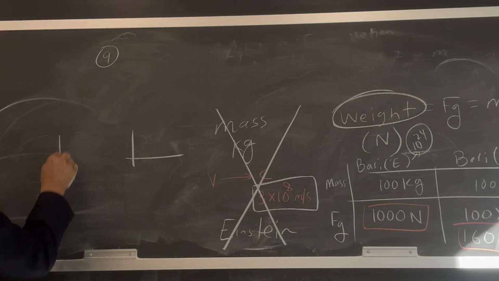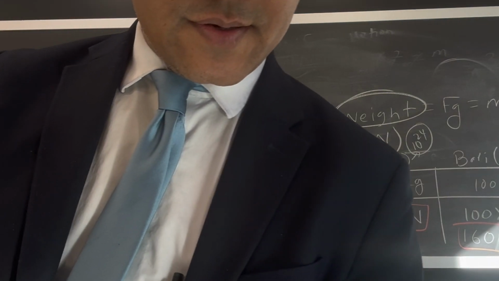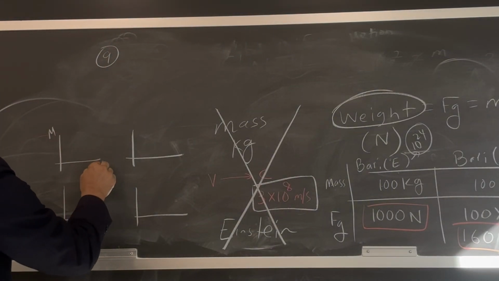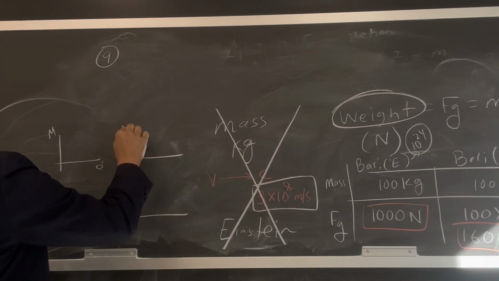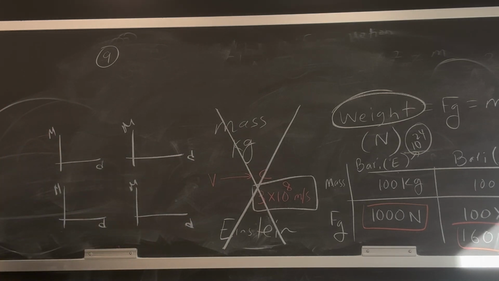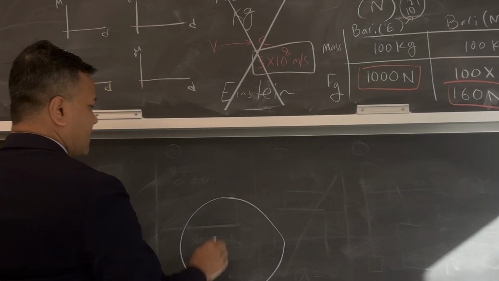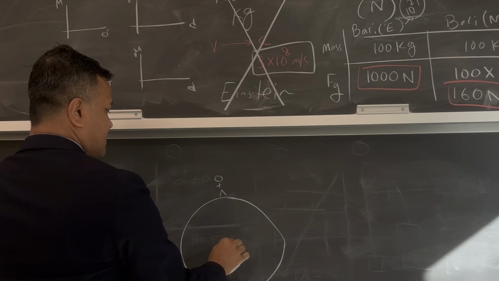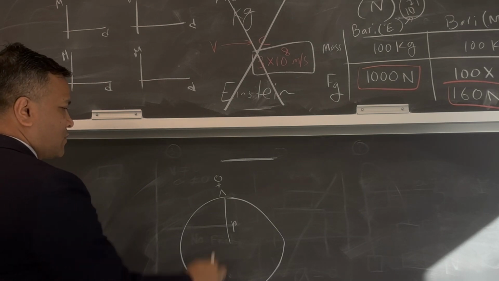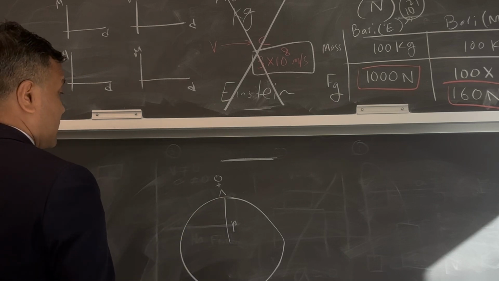I'll give you a few options. All the options come with mass and distance. So if you are on the surface of the Earth, and this is radius r, if you're moving up in this direction, then what happened?